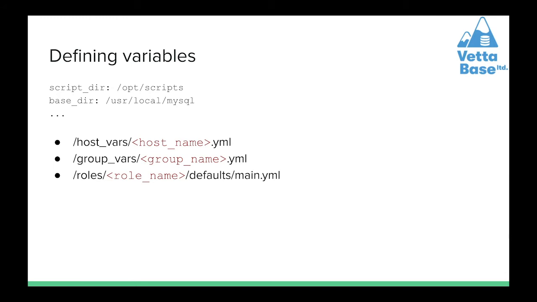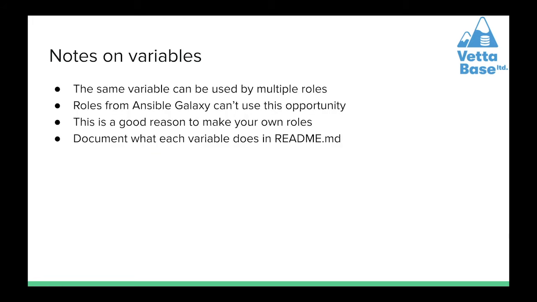These locations are read for each individual host in this order. Okay, so if a certain variable is found in host vars, it will be used. If it's not found, it will be searched in group vars, and so on.